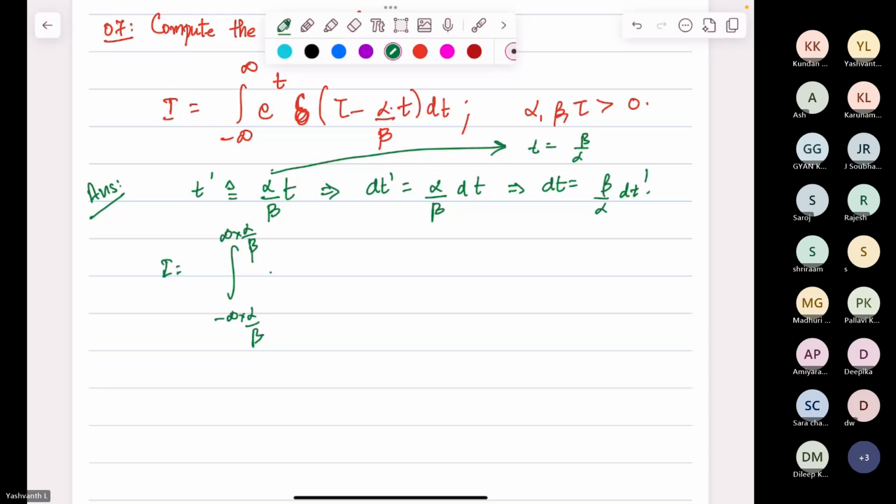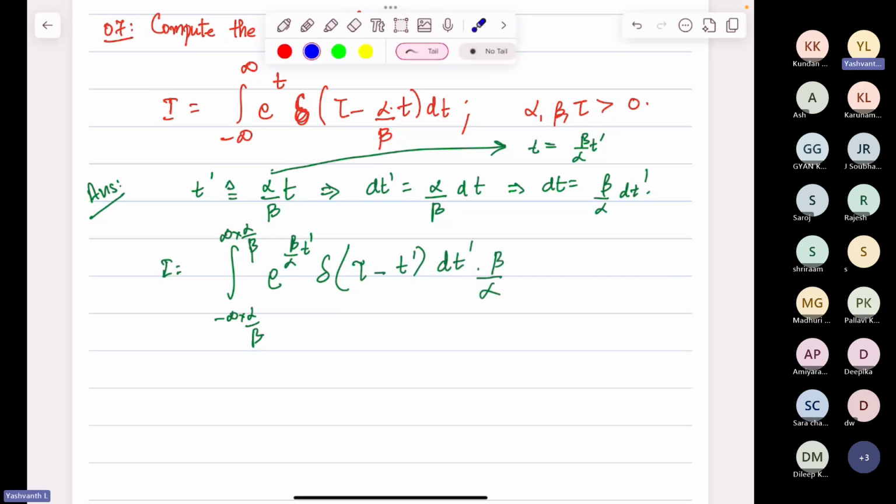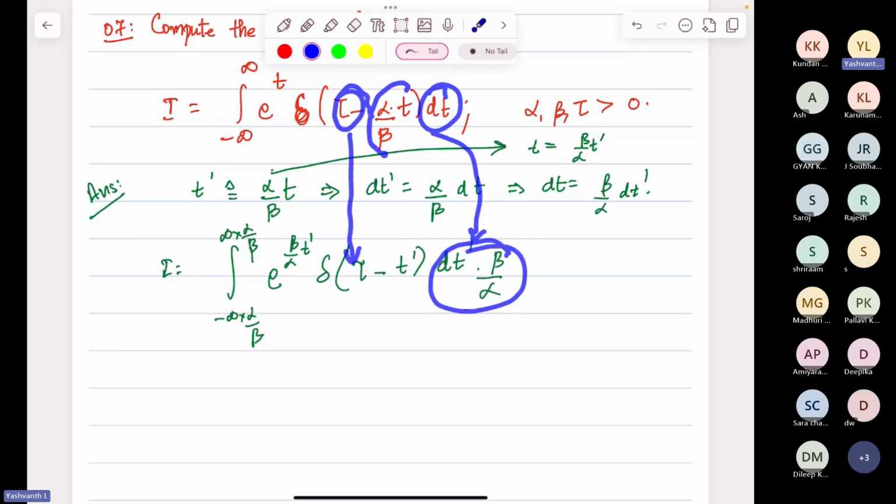So it becomes e to the power beta by alpha t dash into delta of tau minus t dash, into dt dash times beta by alpha, because dt is dt dash times beta by alpha. Tau stays the same, alpha by beta into t is nothing but t dash, and e to the power t becomes e to the power beta by alpha t dash.